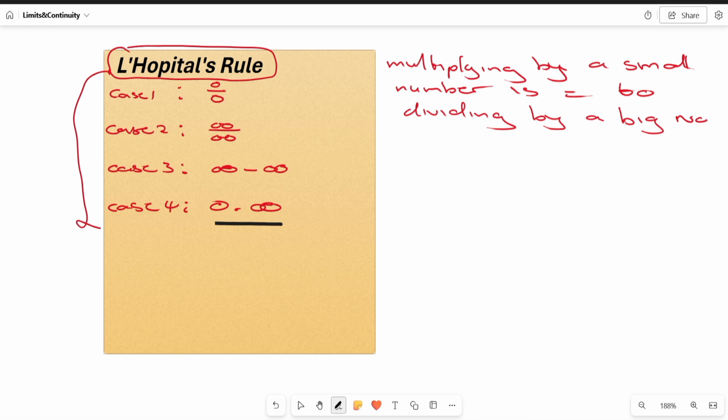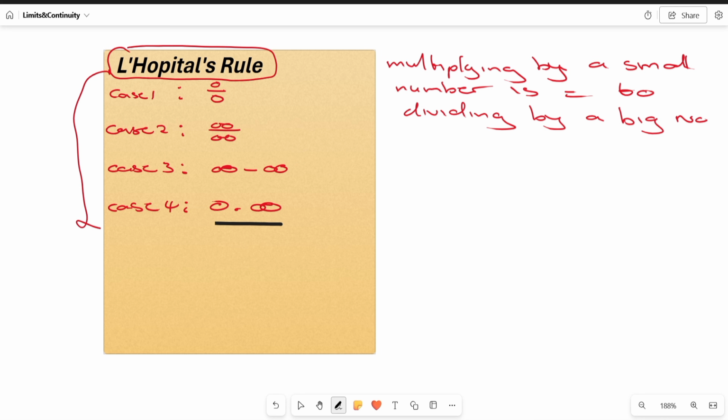Okay, right, this is the same. You can test it. Multiplying by a small number is the same as dividing by a big number. Yes, it is the same. You can test it, and you will get it, but you need to be using the same numbers, right?